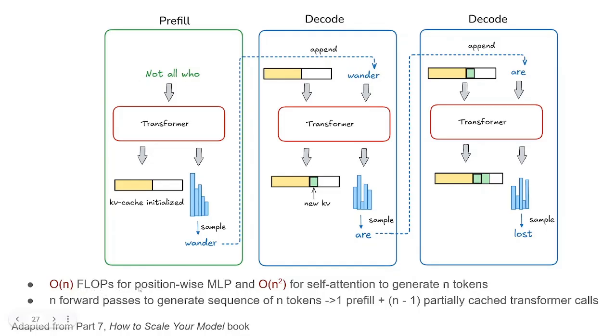And with this, our complexity changes to order n FLOPs for the position-wise MLP, because in each stage we are doing only a constant amount of work, acting on just one token per layer for the MLP. The self-attention changes to order n squared for the whole process of generating n tokens.